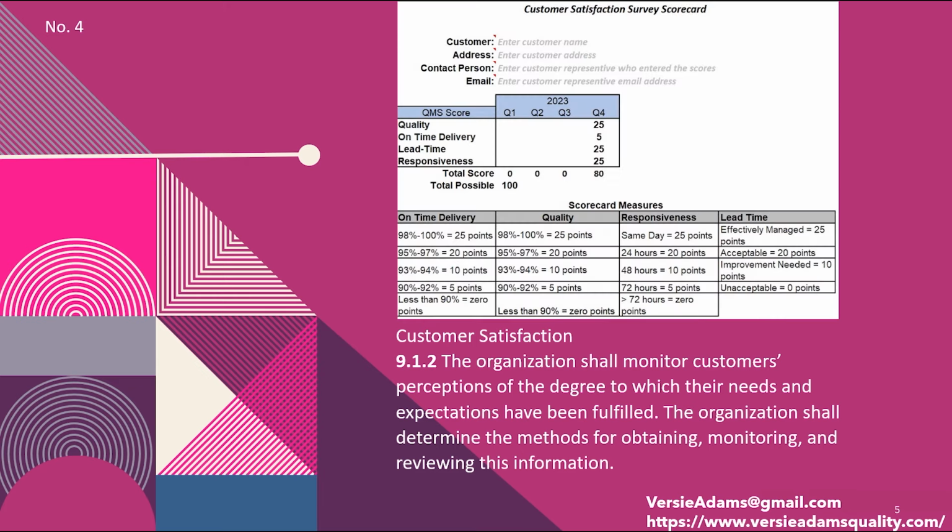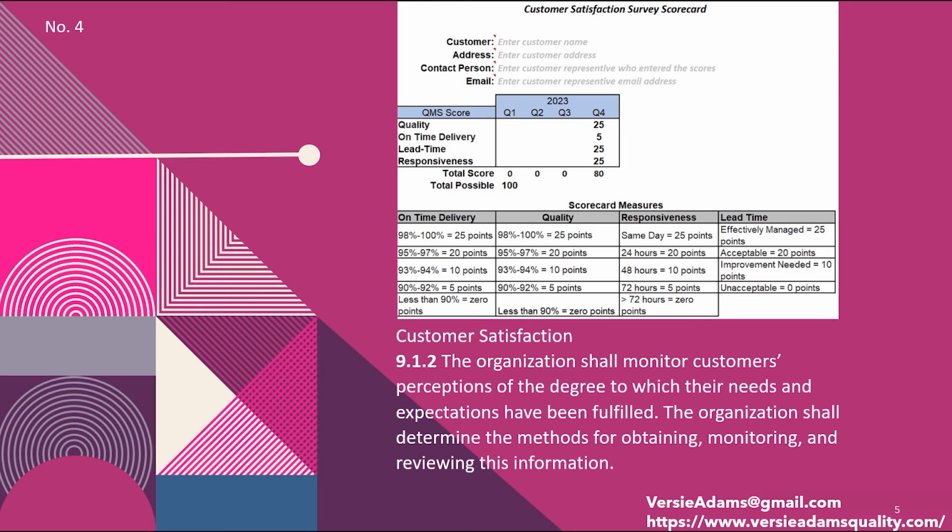So the standard doesn't tell you how, what you should do as far as your customer satisfaction monitoring. It just states that you have to have some type of method to monitor customer satisfaction. You decide how, but you just need to do it and be able to show objective evidence that it's being done.